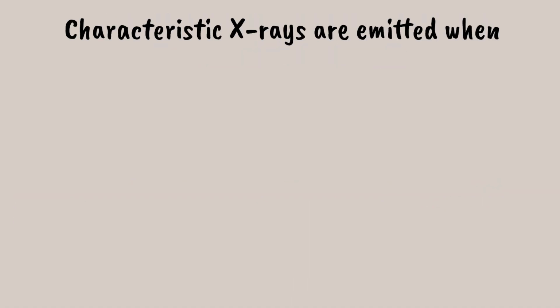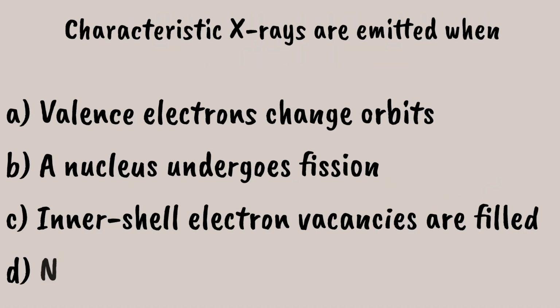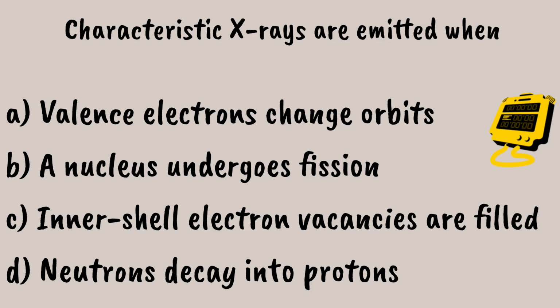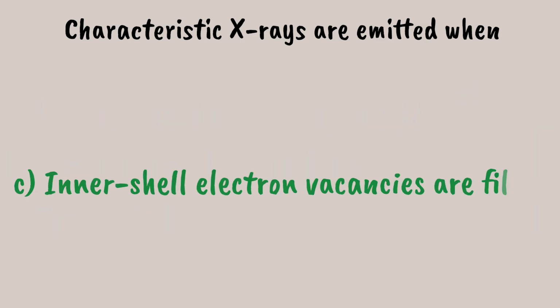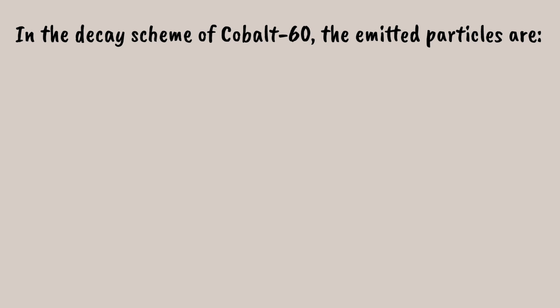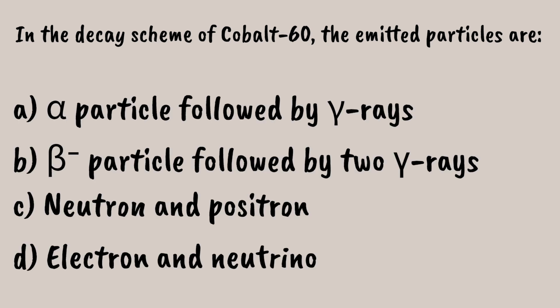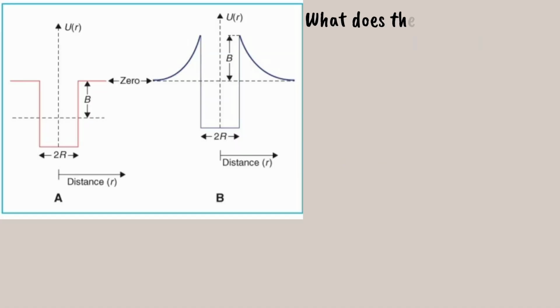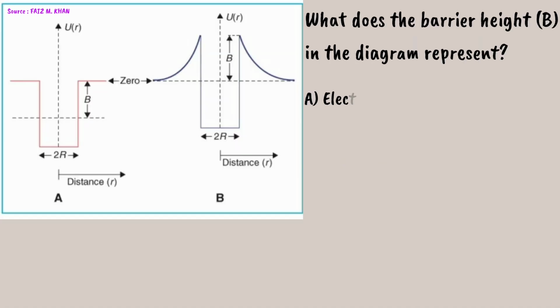Characteristic X-rays are emitted when. In the decay scheme of cobalt-60, the emitted particles are. What does the barrier height B in the diagram represent?